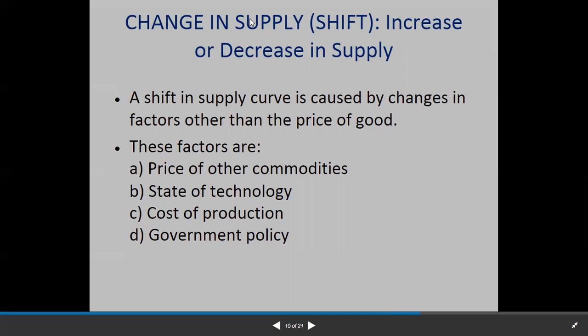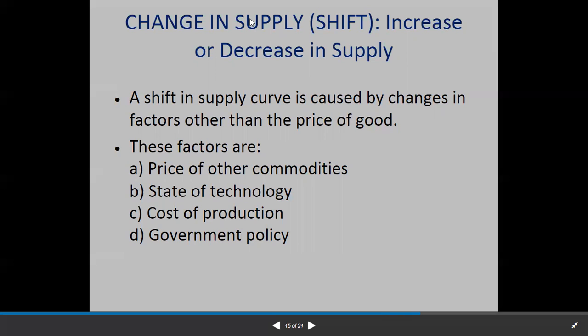When the supply is less due to some other reasons, then it is called change in supply. But if there is an increase or decrease in the supply because of the price, it is called contraction or expansion. Okay, now it is clear.